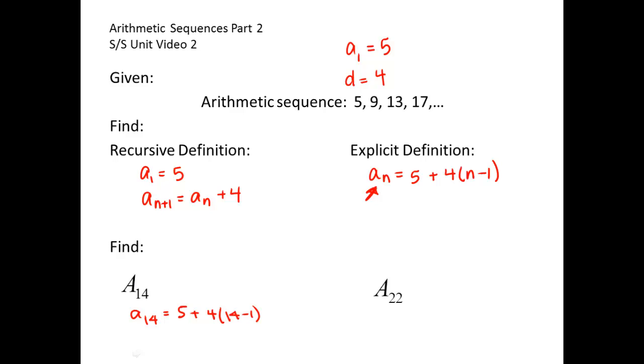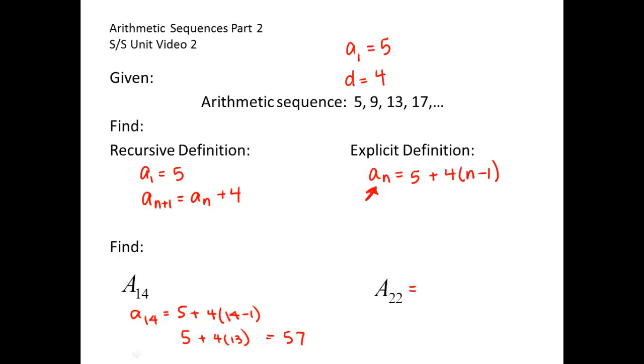Okay. So now I'm going to go ahead and use my graphing calculator or calculator of any sort to find the 14th term. So go ahead and calculate that as 5 plus 4 times 13. Okay, give you a second. And I got 57.